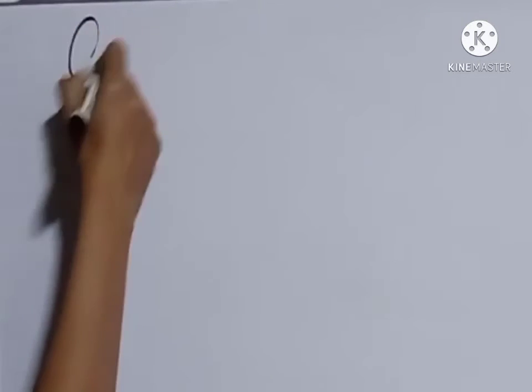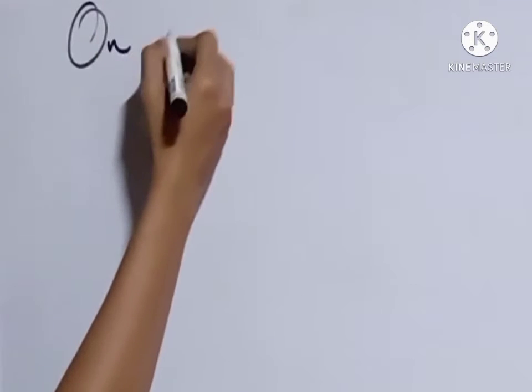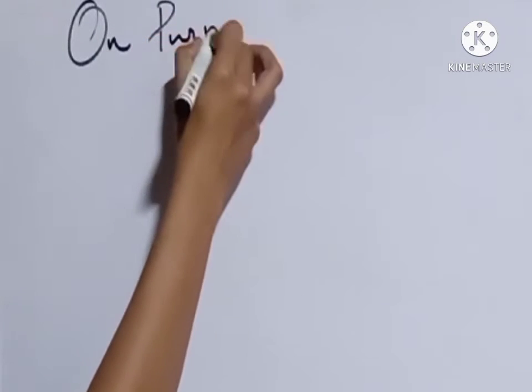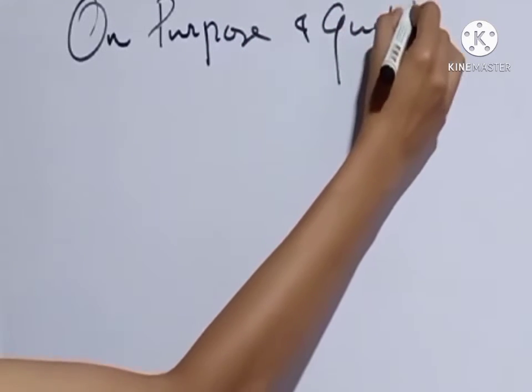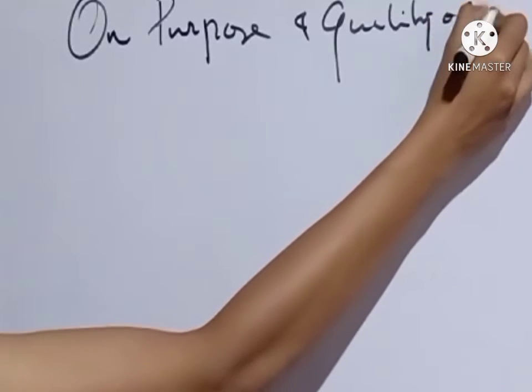Then, on the basis of the nature of the oil we are using for the preparation of the soap and the purpose of the soap, we can divide soap into different types. That is based on purpose and quality of oil.